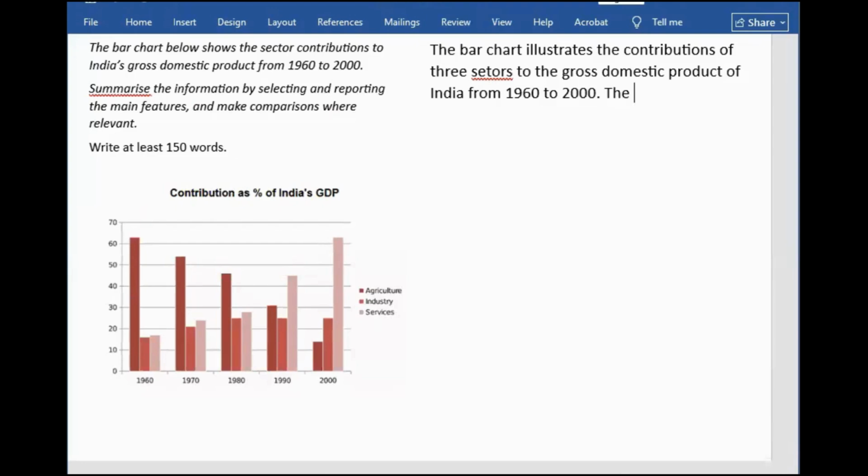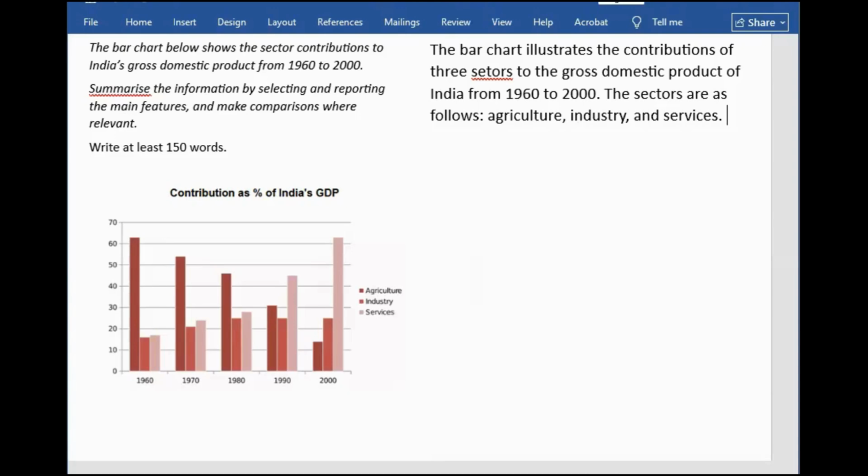The sectors are as follows. Instead of saying the sectors are agriculture, industry, services, I want to change the format and I use a colon. This is how we use a colon. You say the sectors are as follows, and then you put your colon, and then you list the sectors: agriculture, industry, and services. That's my introduction.